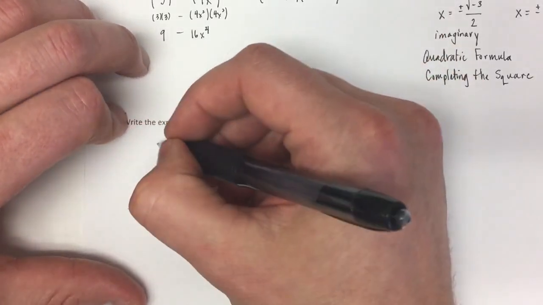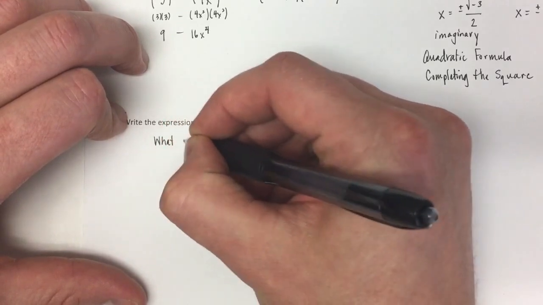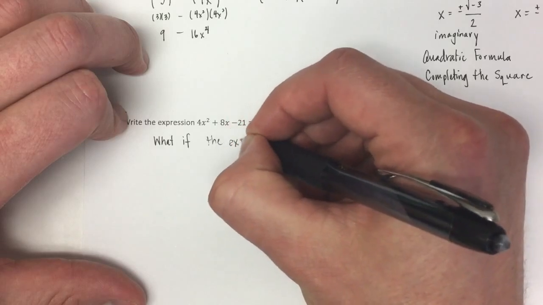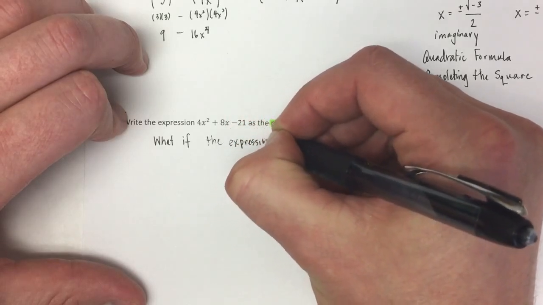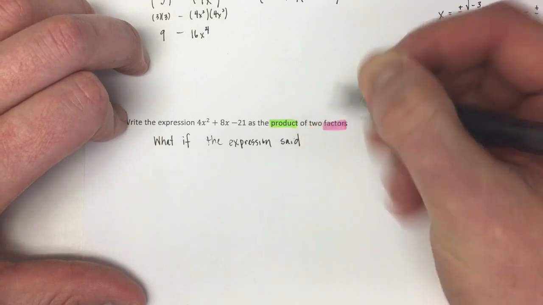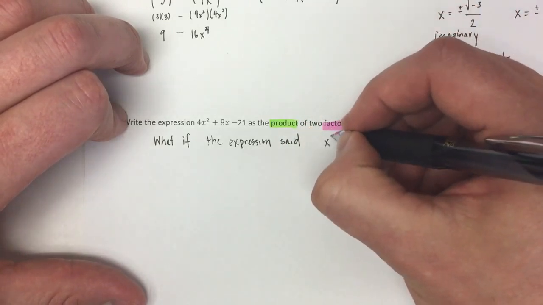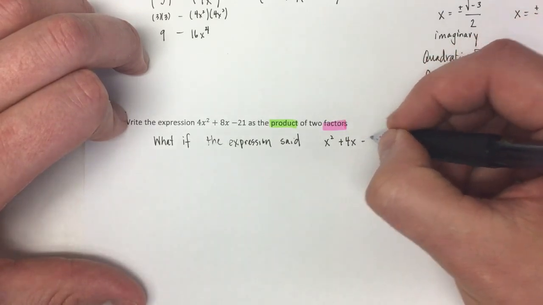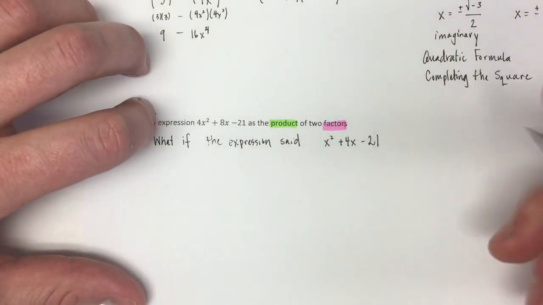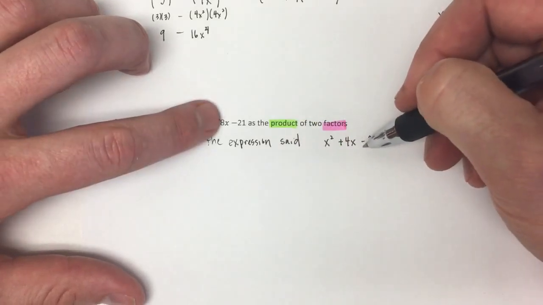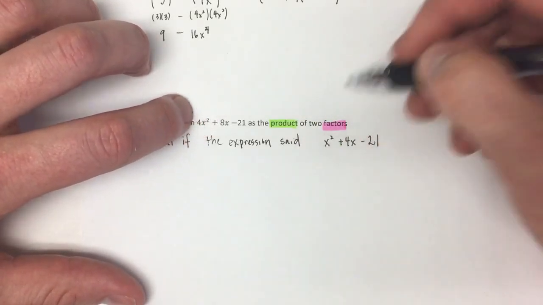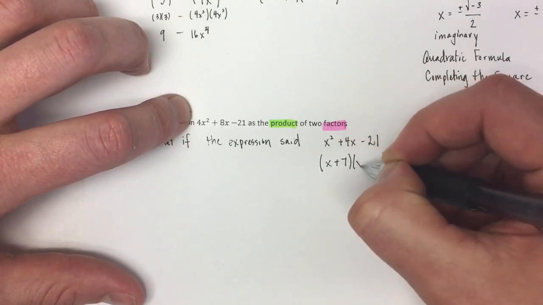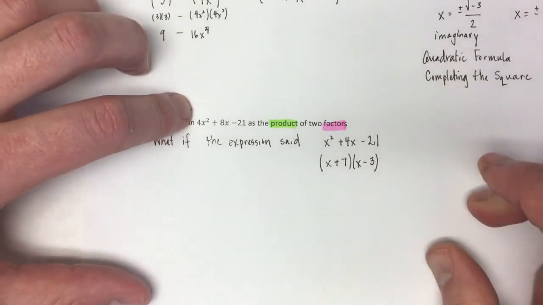But I think to myself, what if the expression said x squared plus 4x minus 21. So I see that the last term is exactly the same, but the other two terms are not quite there. Well, that one is pretty easy. It's x plus 7, x minus 3.